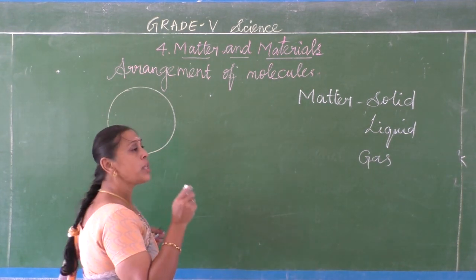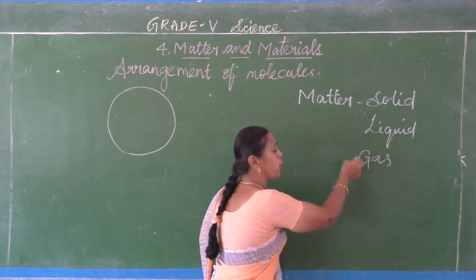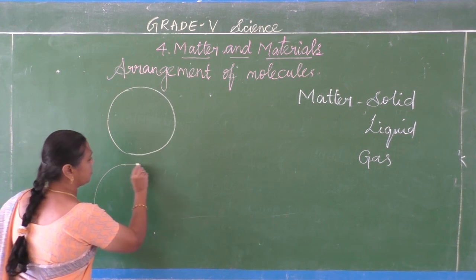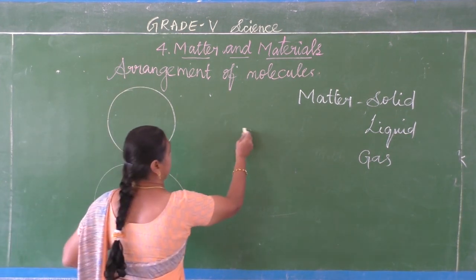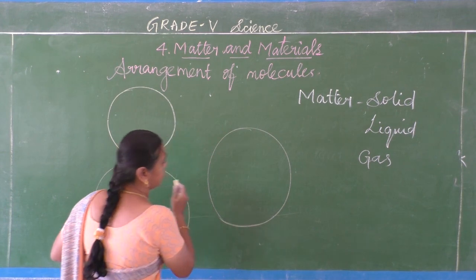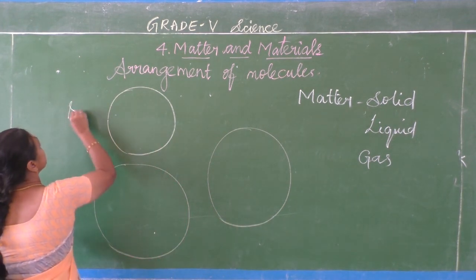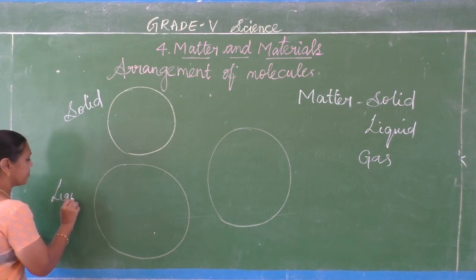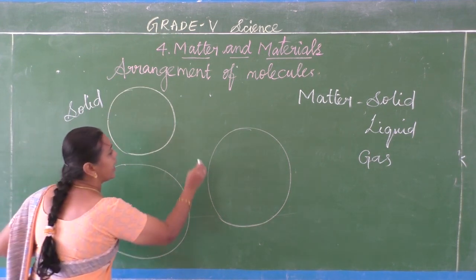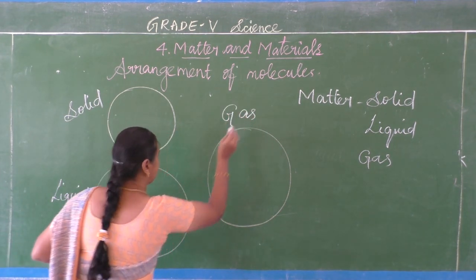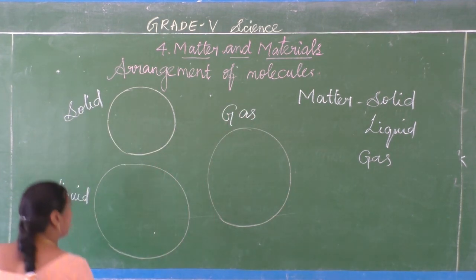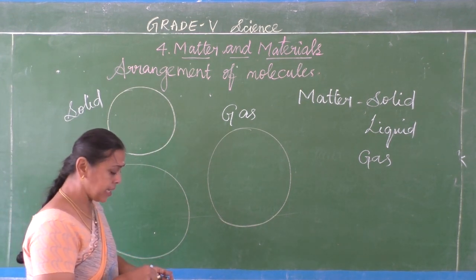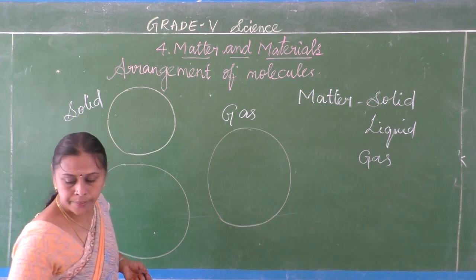Now how the molecules are arranged in solid, liquid, and gas, let us study. Okay, so let us take this as solid and this as liquid and this as gas. And in this the molecules are arranged. How it is arranged, let us see one by one.